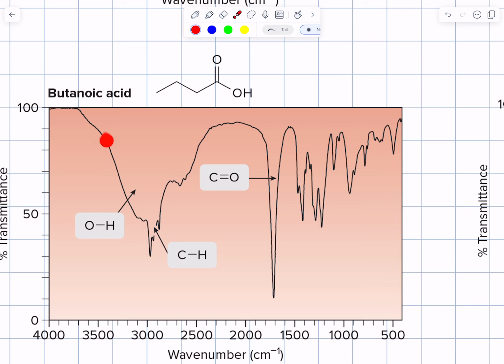And we should see the appearance of a peak at around 1700 inverse centimeters for the carbonyl group. You can actually take samples of a reaction, run them down to the IR instrument, and watch that happen. And then you know the reaction's over when your OH group disappears. That's highly useful information.